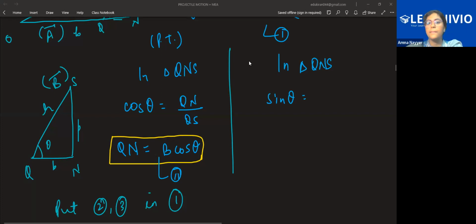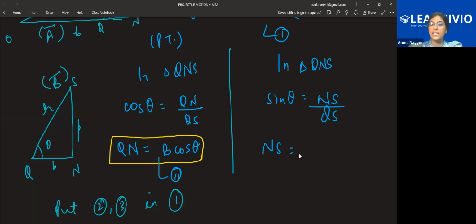Now look. So sine theta, correctly, Sabiha has answered and Zainab has also answered. This was NS, this side divided by this QS. Now we'll have one more equation. If I write the value of NS from here, what is QS?